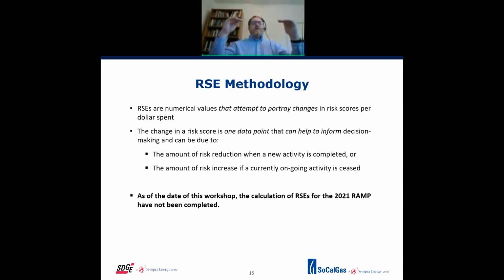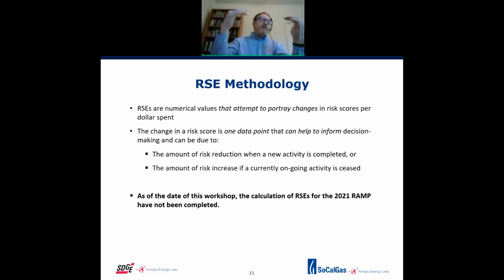For example, if we are asking to do a new mitigation that hasn't been undertaken before, if we do that, we believe the risk score will go down and therefore the RSE will look positive. On the contrary, there's things that we're doing right now, and we probably want to keep doing them, but we need to show if we stopped doing them, the risk score would actually go back up because they're already in place. So in that regard, an RSE could look negative.